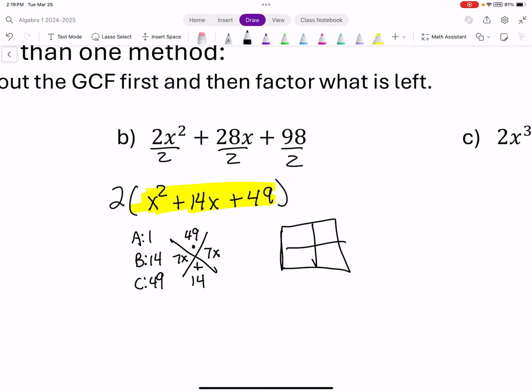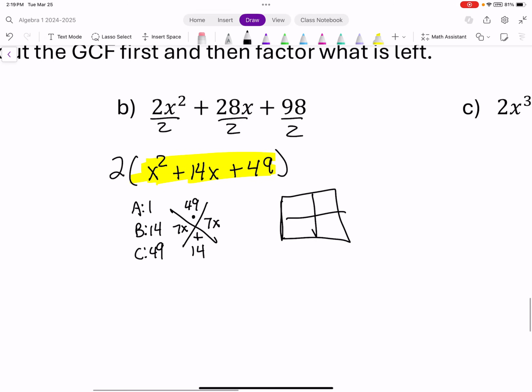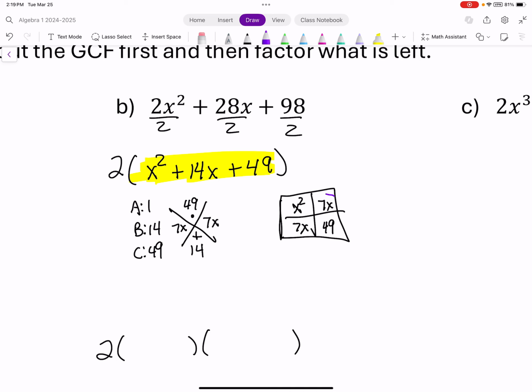Now, when I go to use the box, make sure you're only doing the highlighted part. That 2 in front is the GCF, and that'll go on our problem at the end. So I have x squared and 49, and then I have 7x and 7x. So we're going to go ahead and factor the GCF.